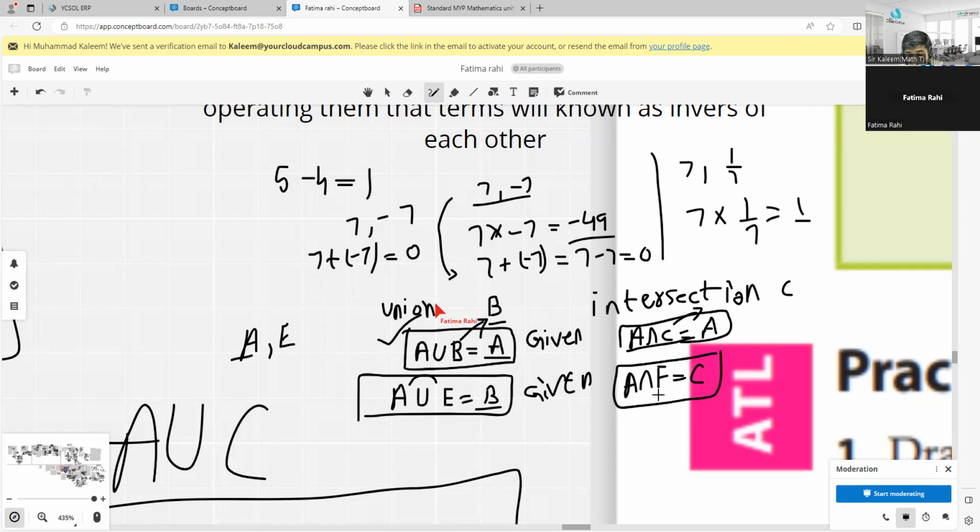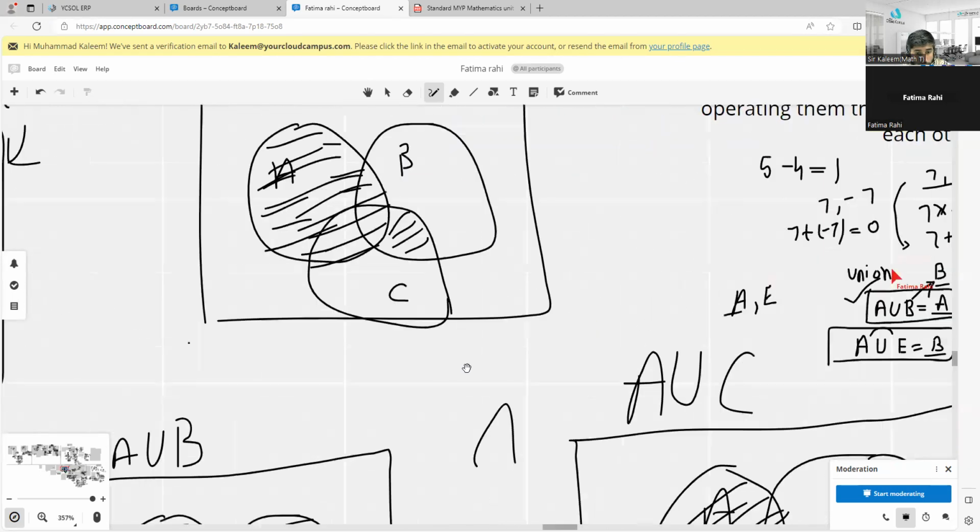Is F the inverse of A or not? Yes, F is the inverse. Why? Because when we take the intersection with A, it gives the intersection identity. So A and F are inverses of each other in intersection. That's what they are explaining here.